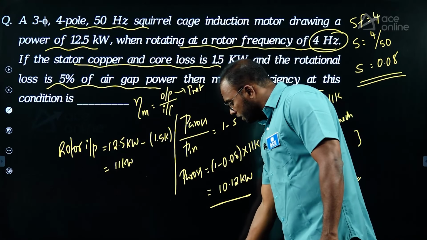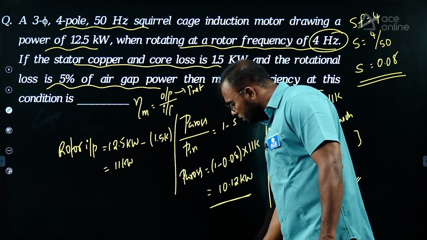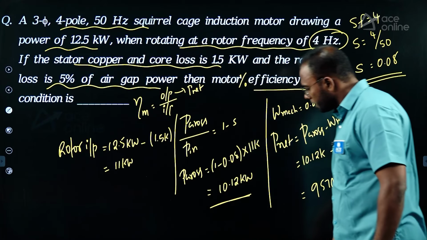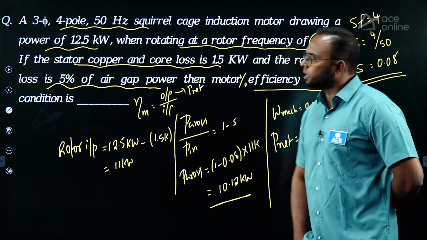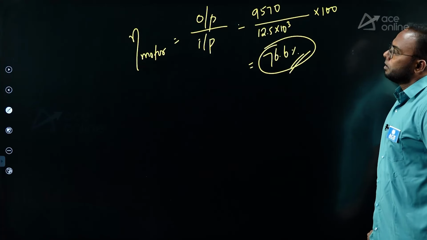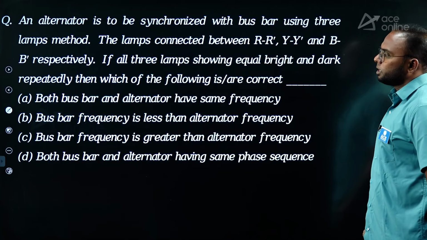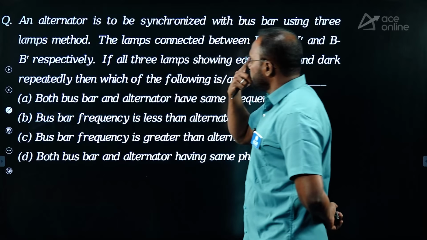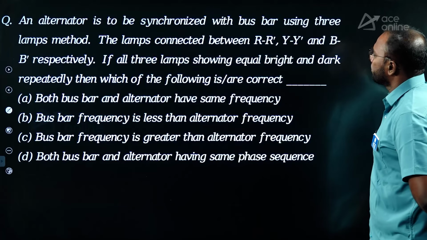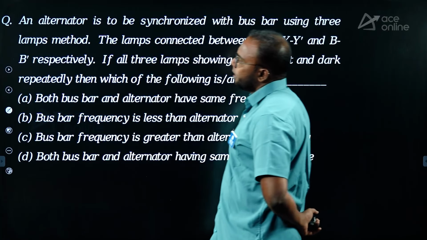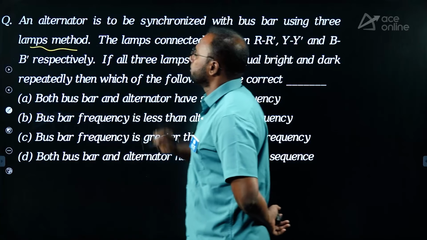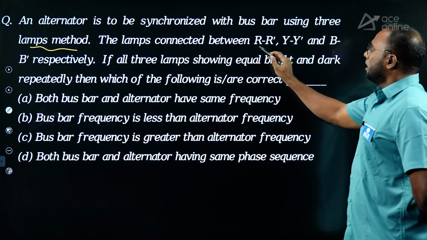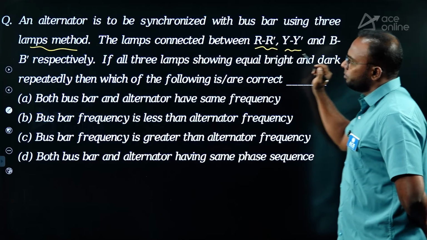All of you got the same 76.6? Cross check the value. Right. Okay. See one more next question here, from alternators. An alternator is to be synchronized with the bus bar using the 3 lamps method. The lamps are connected between RR dash, YY dash and BB dash.